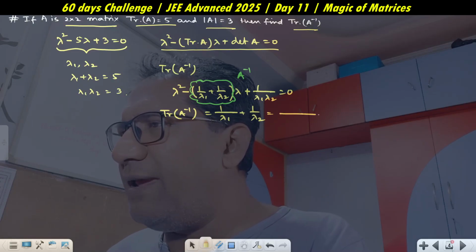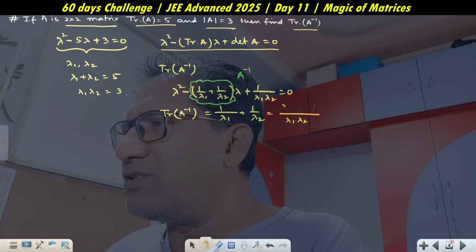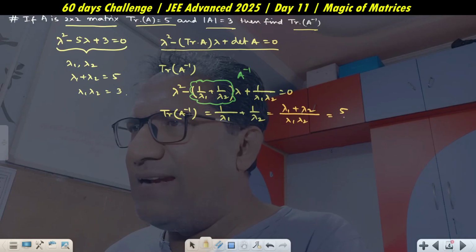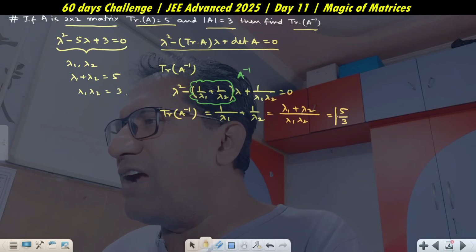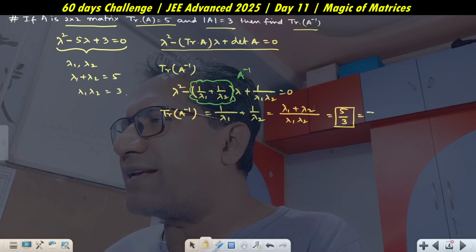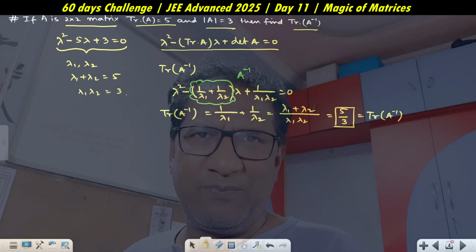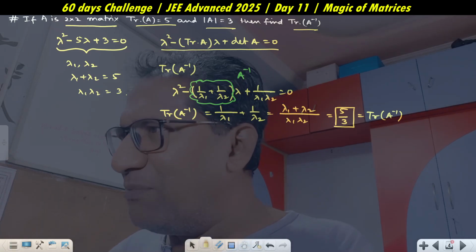This is basically (lambda 1 plus lambda 2) over lambda 1 lambda 2. Now we have been given lambda 1 plus lambda 2 is 5 and lambda 1 lambda 2 is 3. Therefore, the trace of the matrix A inverse is 5 over 3. As simple as that. Have you understood? Let me take another problem.